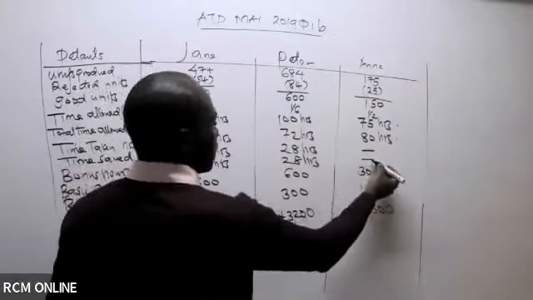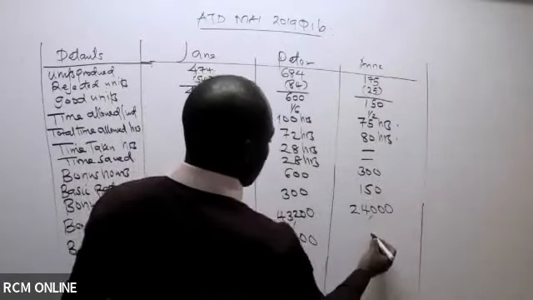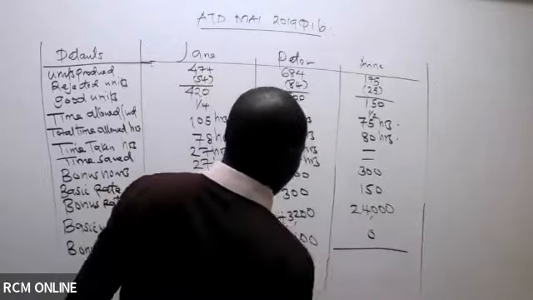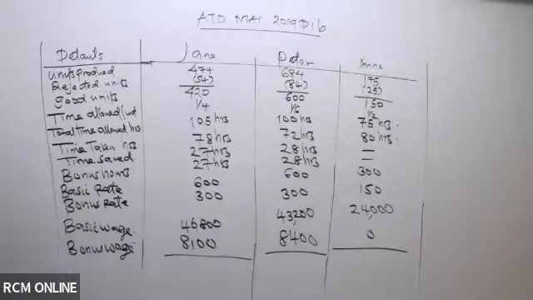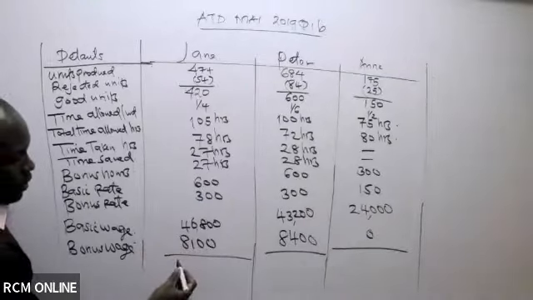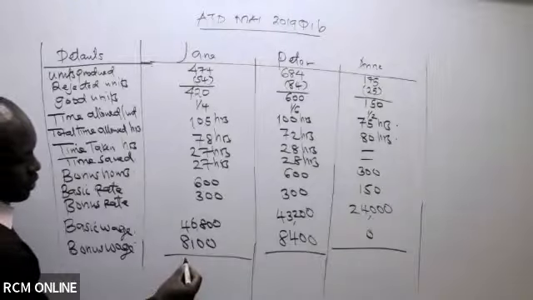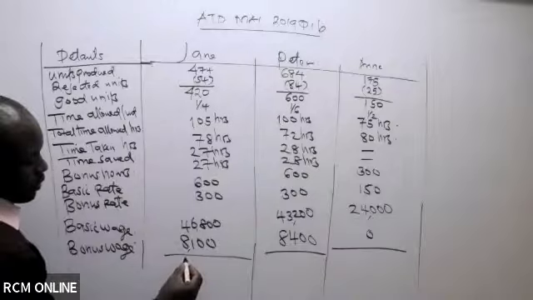Then we don't have bonus hours here, so we don't have anything for the bonus. And then you now get the total. You should be able to get the total. This one here will be 52,900... 54,900.